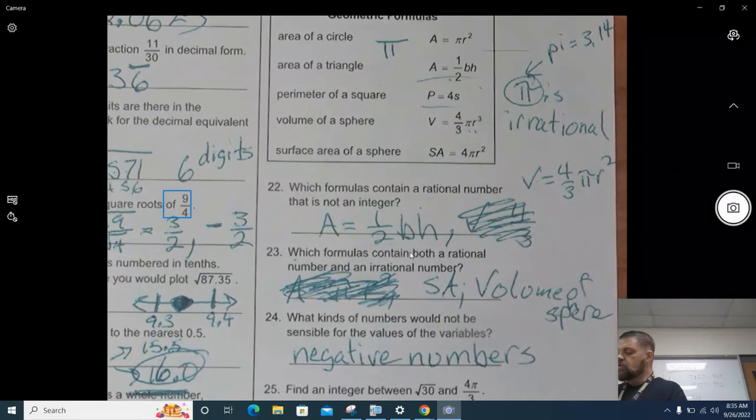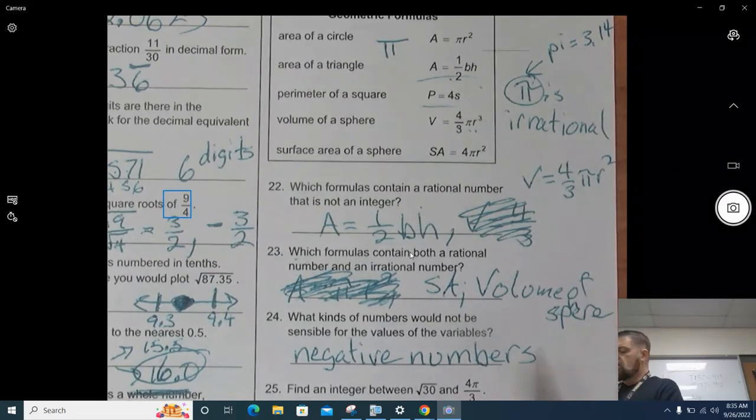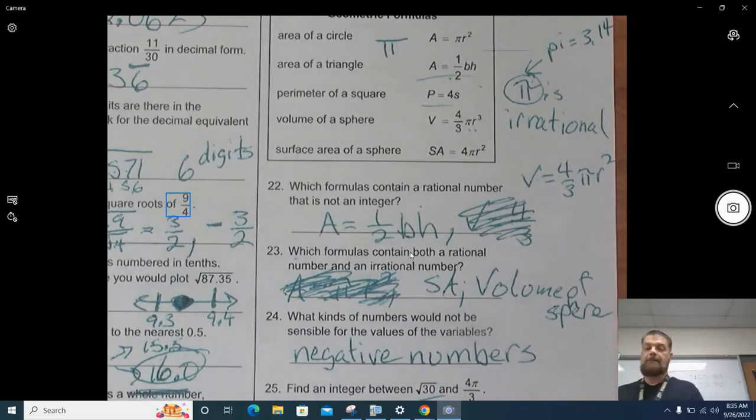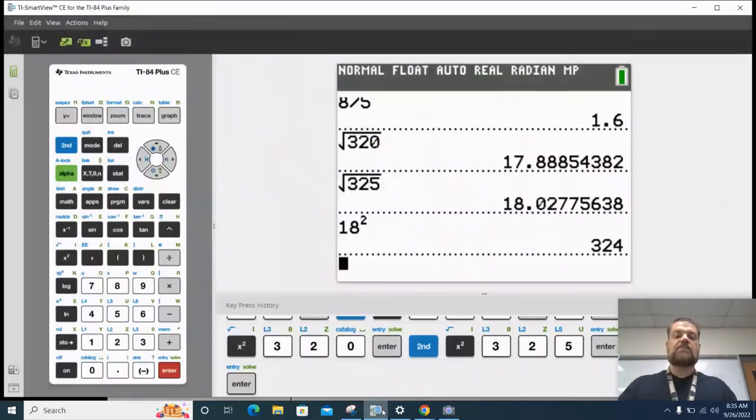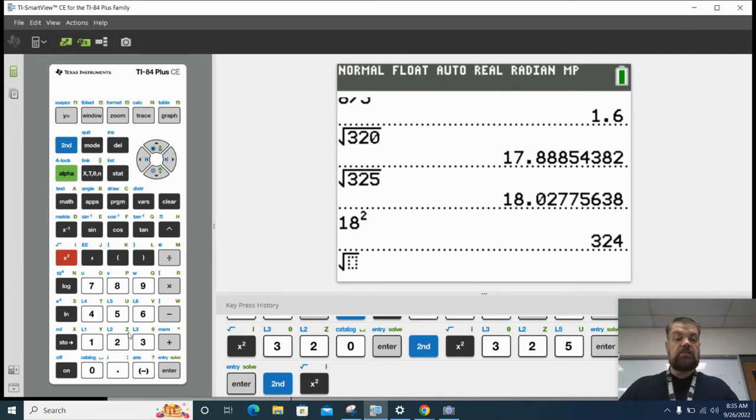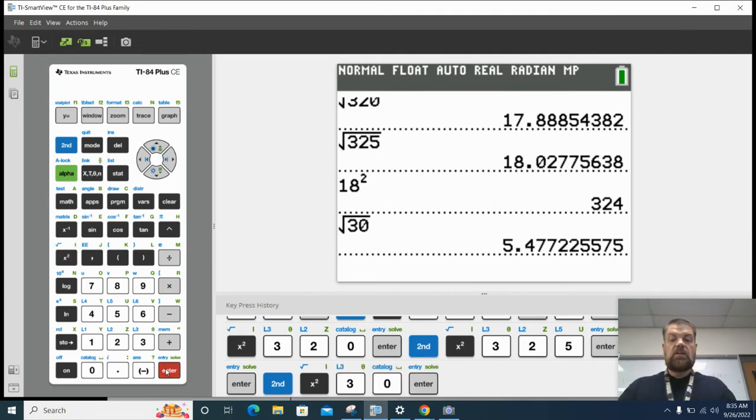It says find an integer between square root of 30 and 4/3 pi. So now that one is easy. I'm just going to plug this in the calculator. I'm going to take the square root of 30, and that's 5. So I'm guessing it's probably 6.